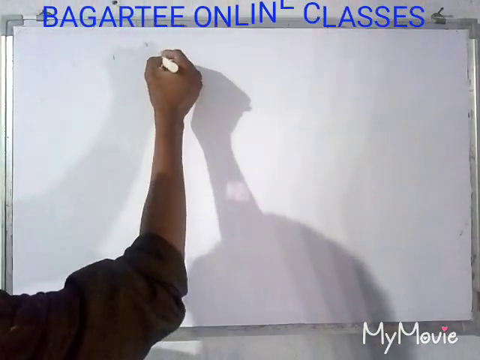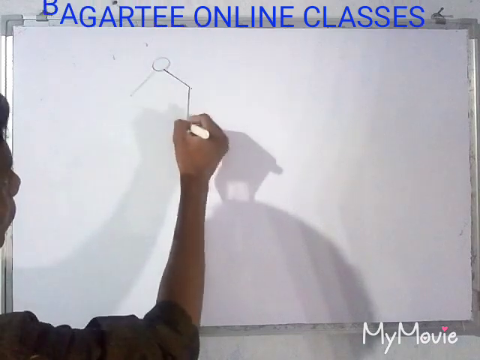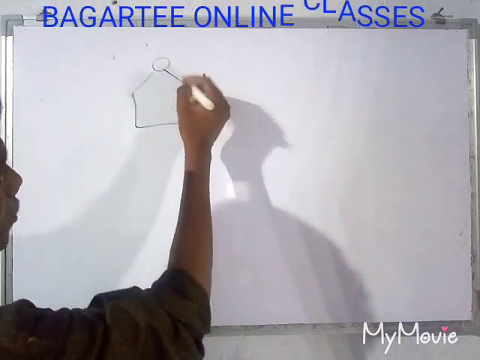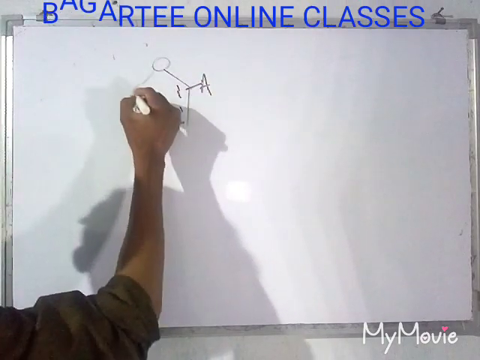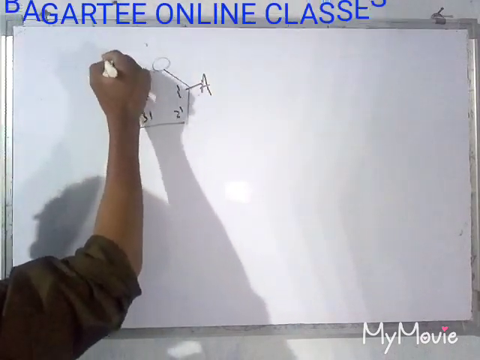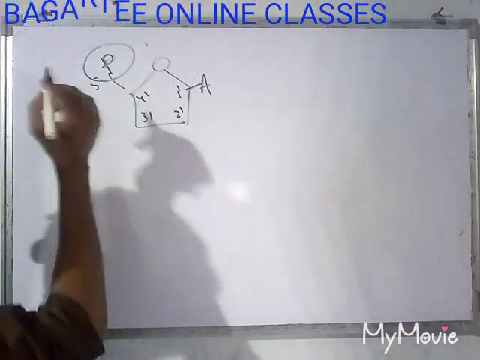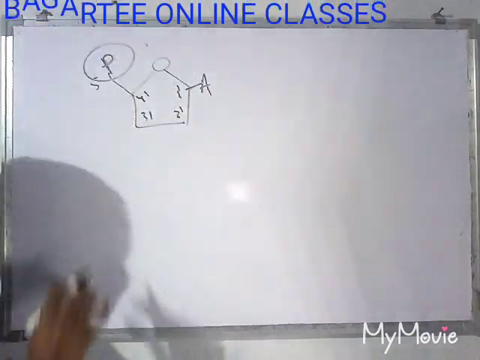Okay, so now we'll go through the structure. Here you can see this is a sugar molecule. Let us consider the first prime carbon atom, to which an adenine group is added, and to the 5 prime carbon atom a phosphate group is added.